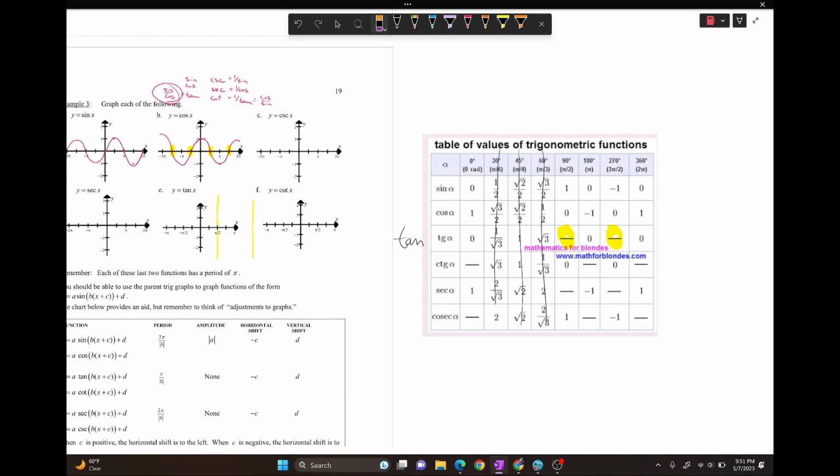But I do want to mention that I know this thing has a period of pi, because he said so. So here's my positive pi over 2, here's my negative pi over 2. That distance altogether, take a pi over 2, add another pi over 2, you get a whole pi. So I'm feeling good about having found all the places where cosine is going to be dividing my function.